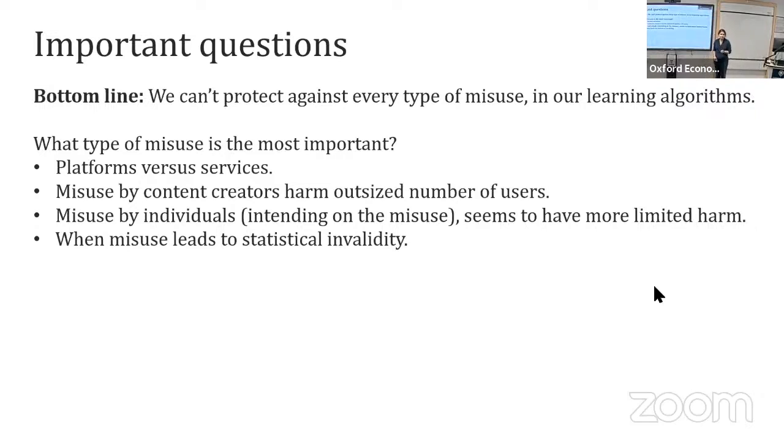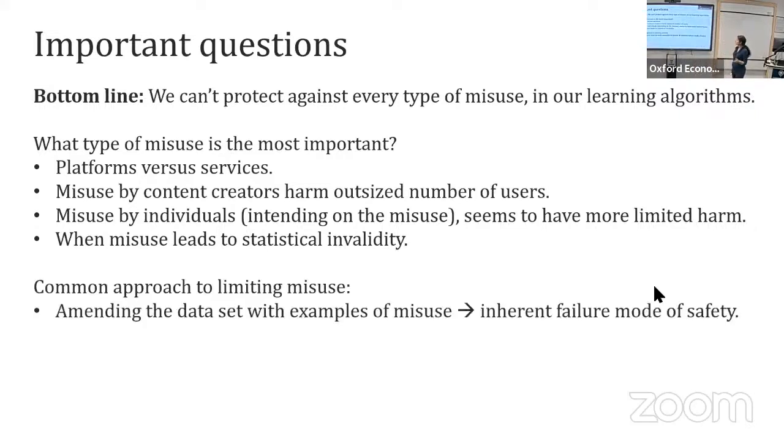I'm not saying that we should be taking sides in this room right now about which one is what, but the main thing is that we need to discuss the actual robustness guarantees that we want, because we cannot provide all of them. I think statistical validity, and having misuse that invalidates that, is actually pretty important. And that falls more closely related to platforms versus the language models that I was giving you.